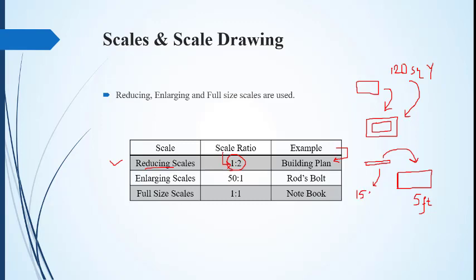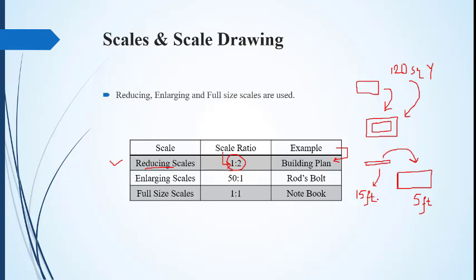So how will we construct this line on the 5 feet sheet? We are not able to construct or draw this line on the sheet of 5 feet, so we will reduce it. So how can we reduce it?